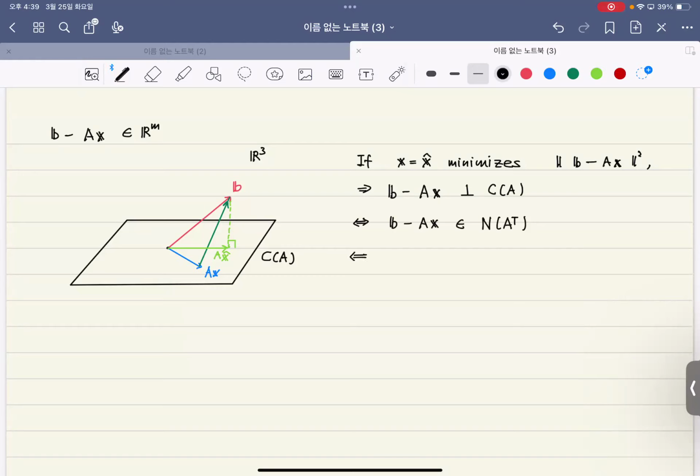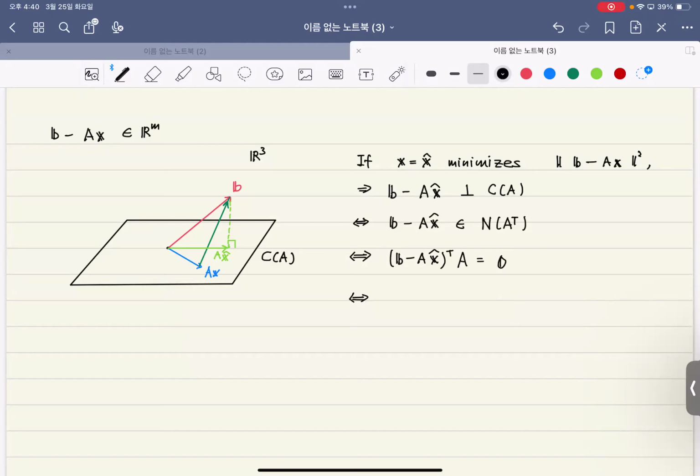And being a member of the left null space means, sorry, I have to put the hat here, this guy transpose times A is the zero vector.